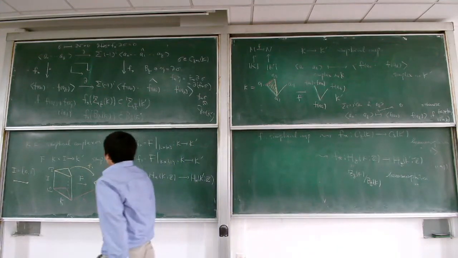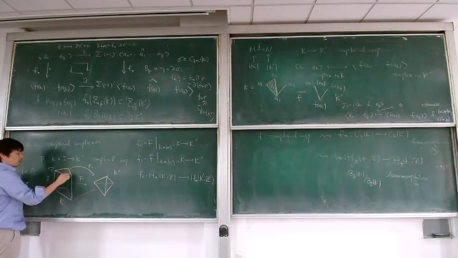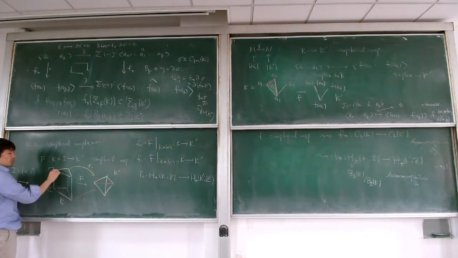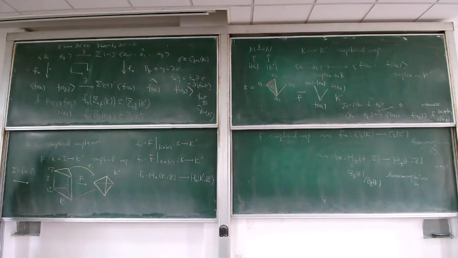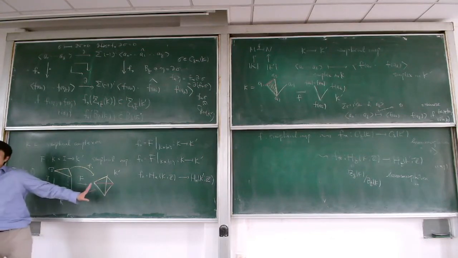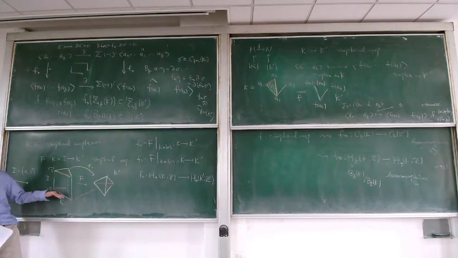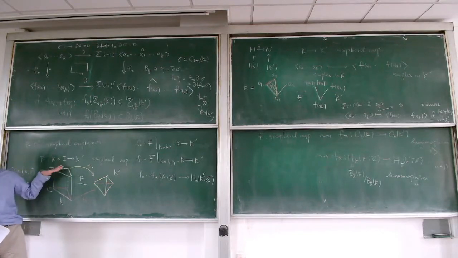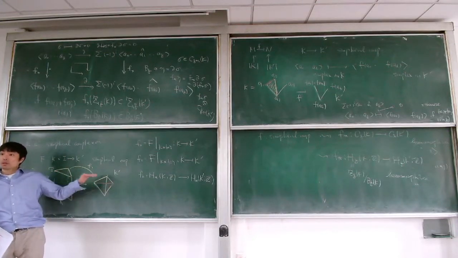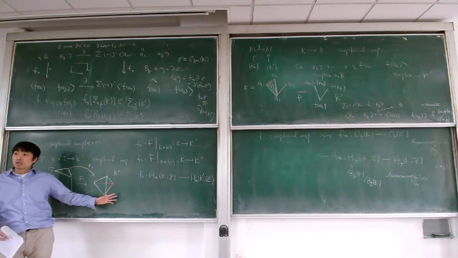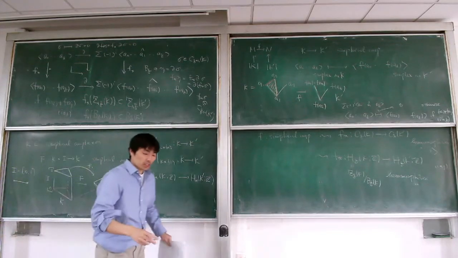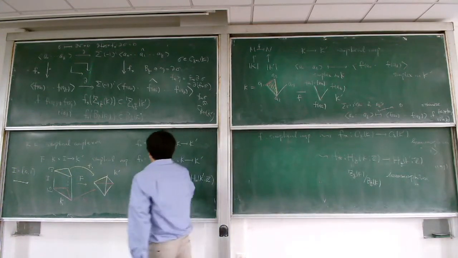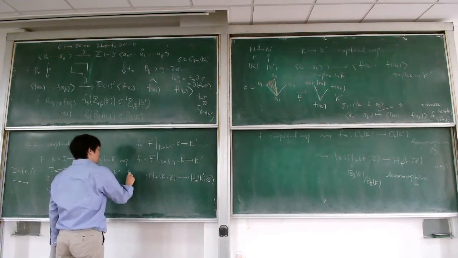For instance, you can collapse this rectangle here to the edge. Then you can construct a simplicial map. So it's a distinct simplicial map. However, you will get the same induced homomorphism.